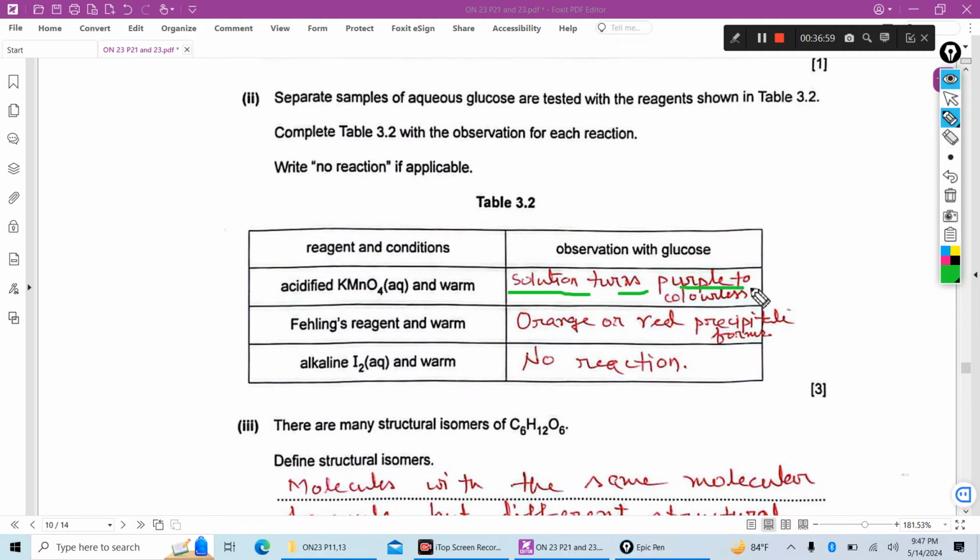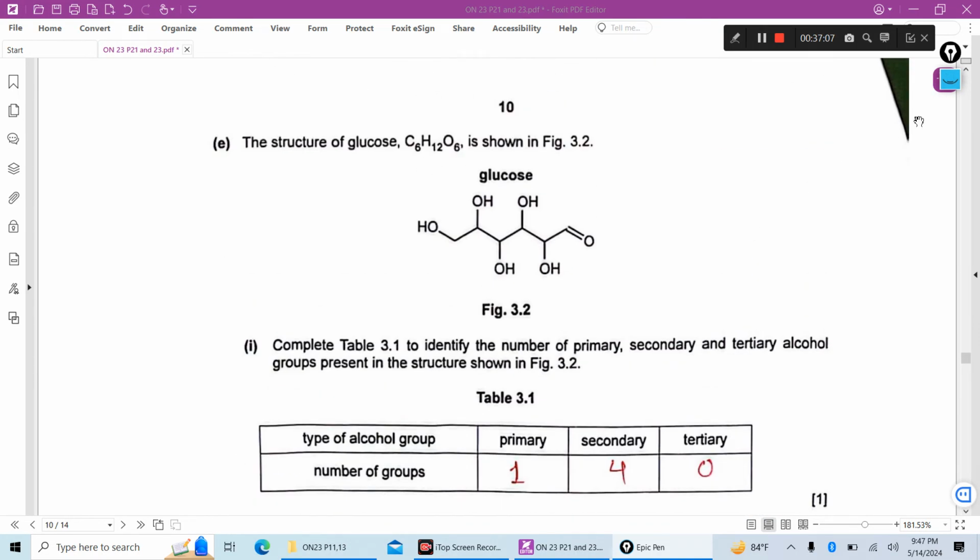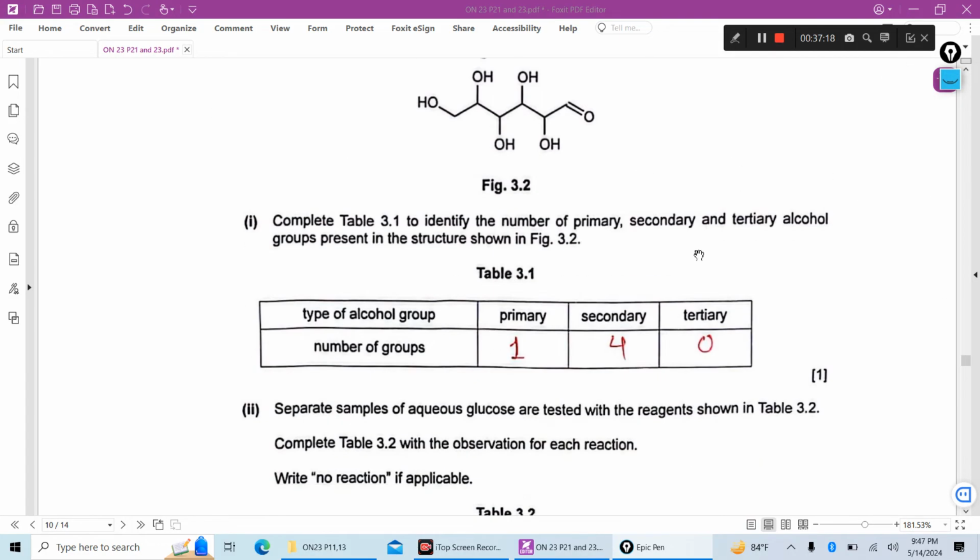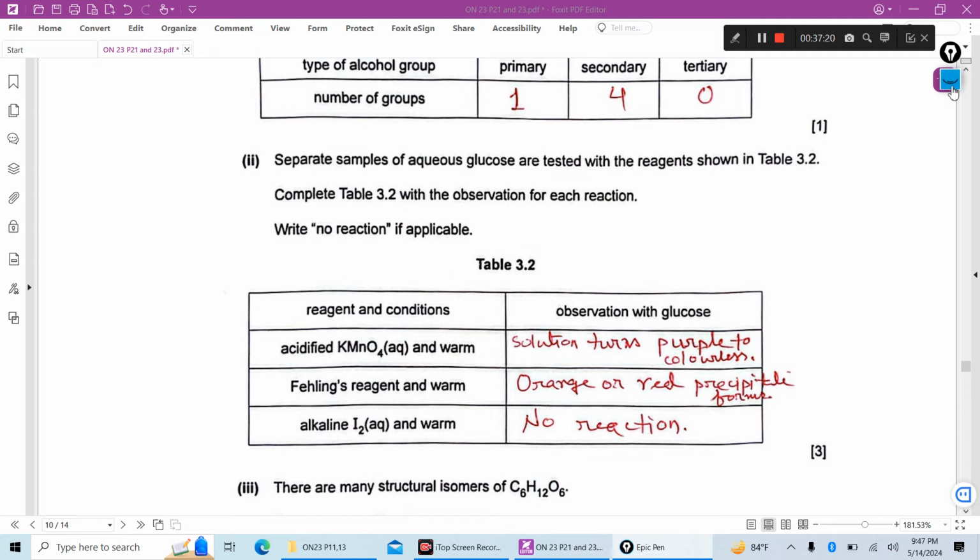Solution turns purple to colorless. Why? You see, glucose has an aldehyde group, so aldehyde is oxidized to carboxylic acid and potassium permanganate is reduced to manganese 2 ion. So observation will be solution turns purple to colorless.